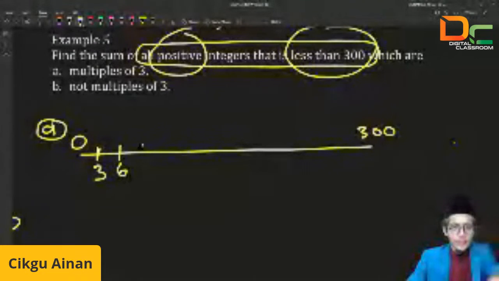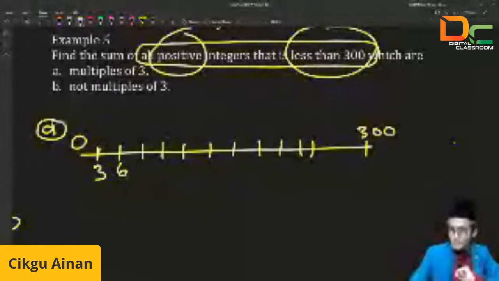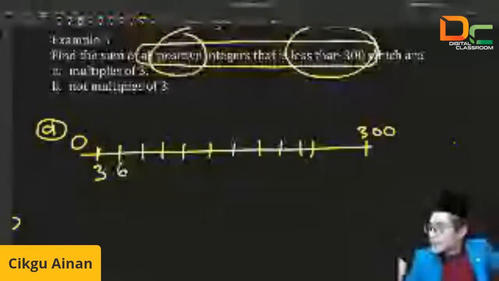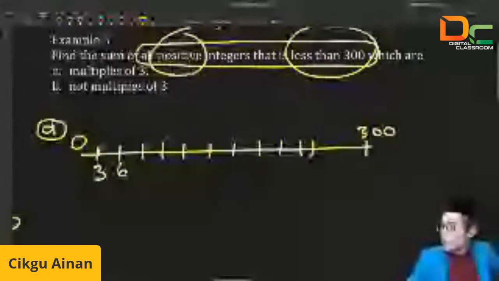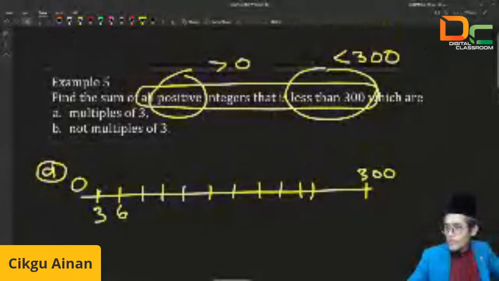But no need to list them all, just dot dot until 300. Now can we take 300? Now I want to ask the audience, maybe I wait for the comment. Can we take 300, or cannot?